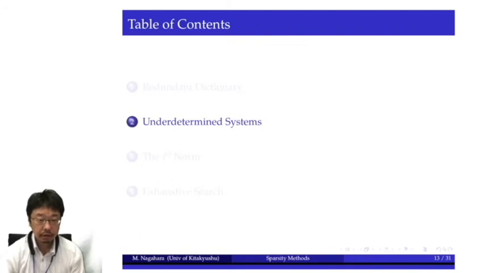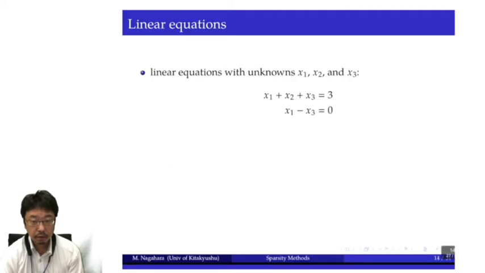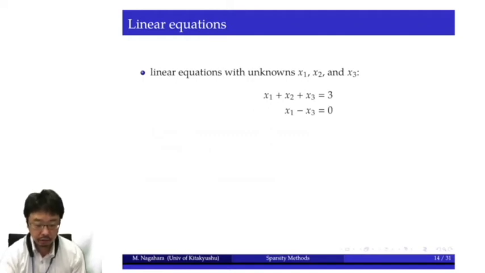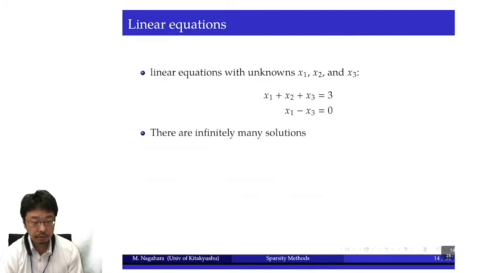Next, let us consider underdetermined systems. Let us consider linear equations with unknowns x1, x2, and x3 given by these equations. Since the number of equations is less than the number of unknowns, there are infinitely many solutions.